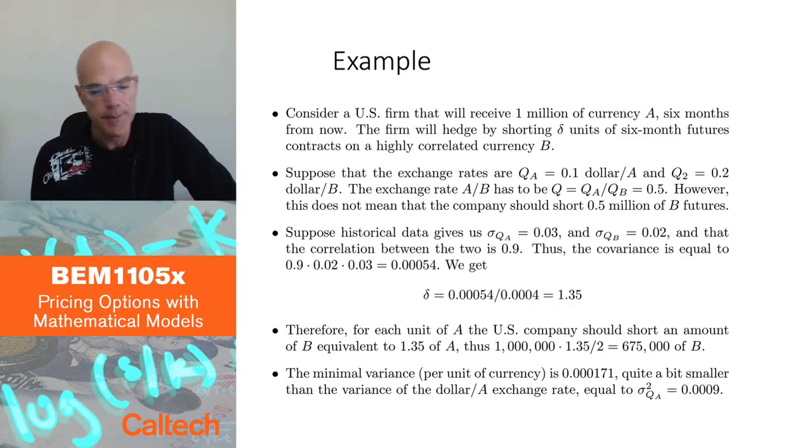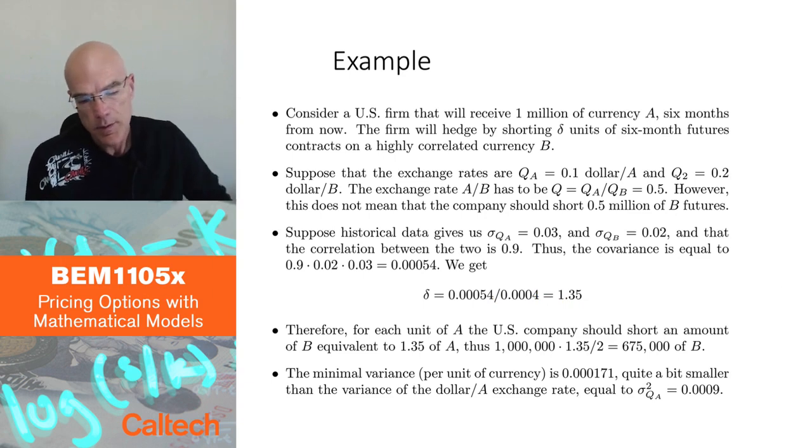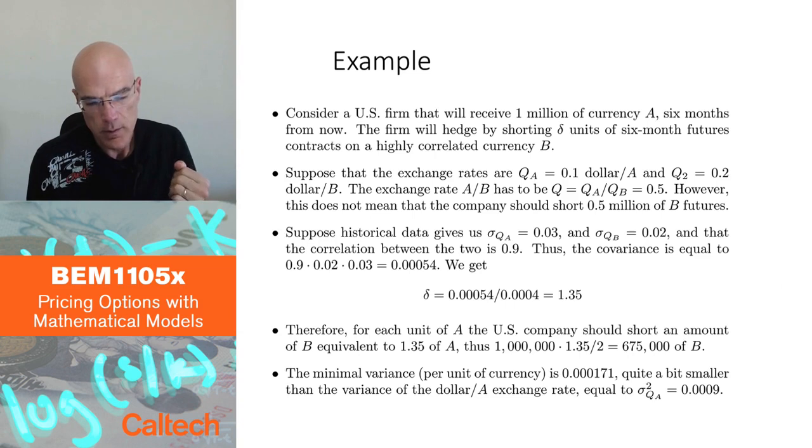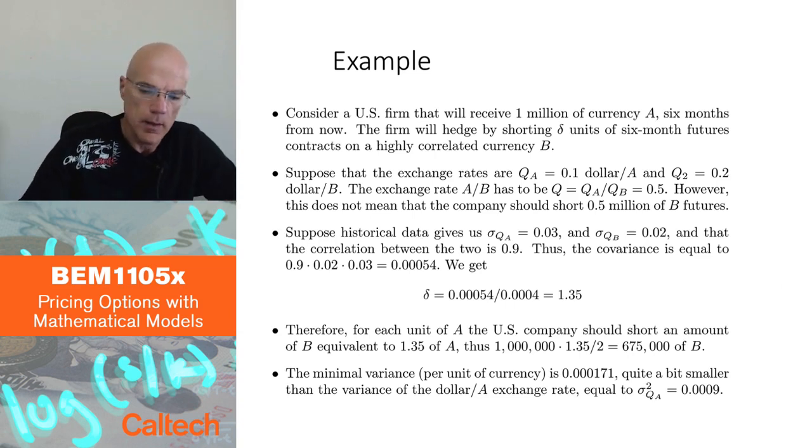So what does this mean? This means in terms of units of currency A, for each unit of A, the US company should short an amount of currency B equivalent to 1.35 in currency A. And that, since I have 1 million units, would be 1 million times 1.35.